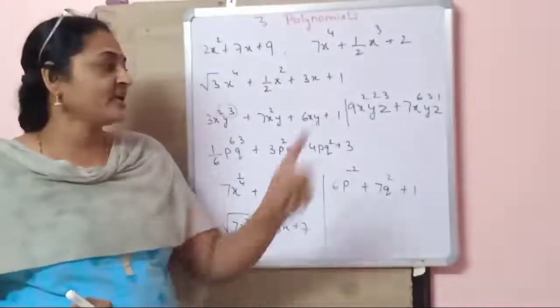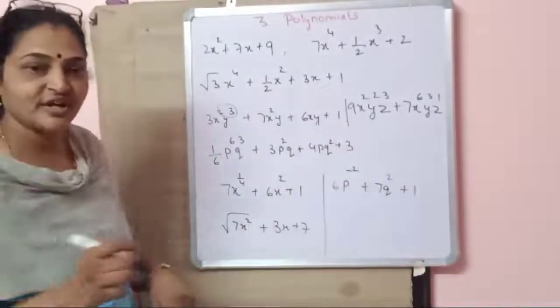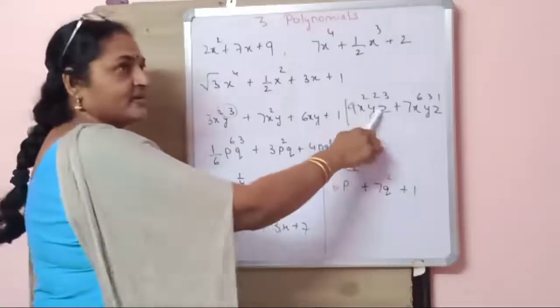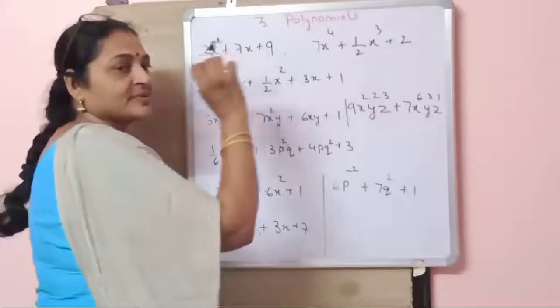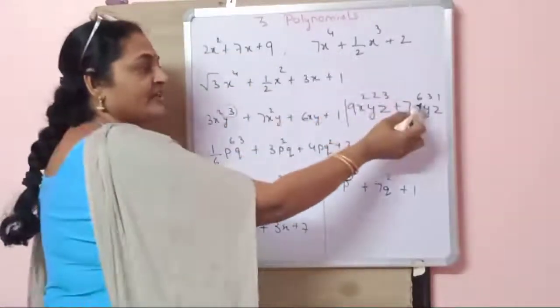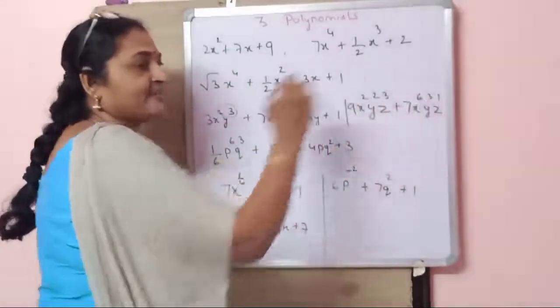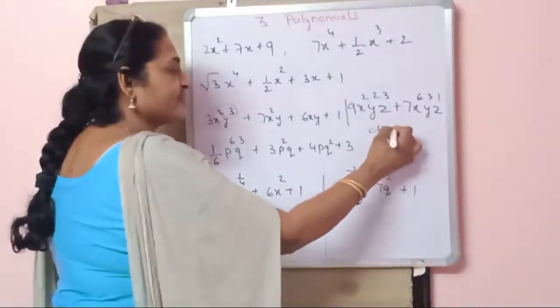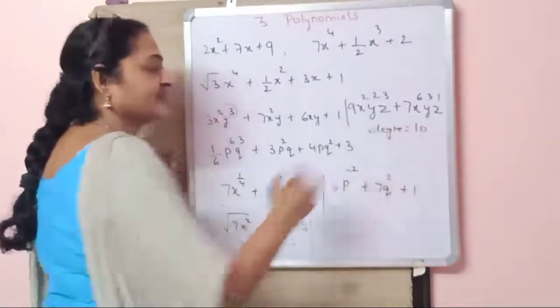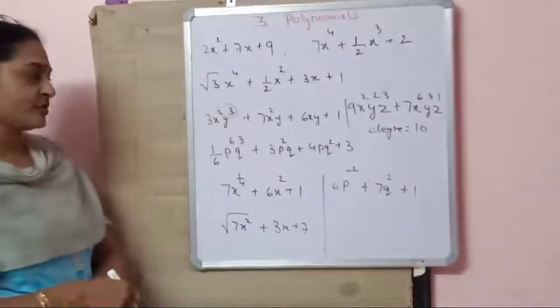Instead of 1 or 2 there are 3 variables. Which are the variables? x, y and z. Now see the degree. 2 plus 2 will be 4, 4 plus 3 will be 7. And over here, 6 plus 3 is 9, 9 plus 1 is 10. So the highest degree over here, the degree of this polynomial, is equal to 10.